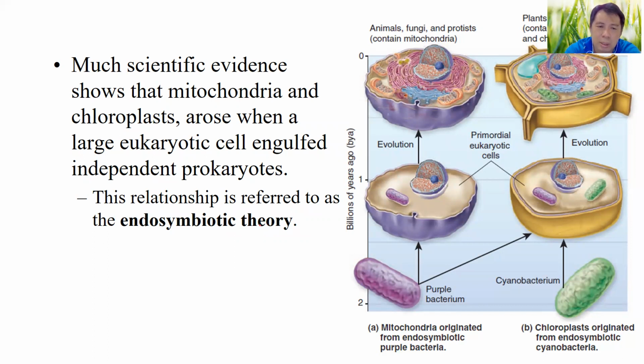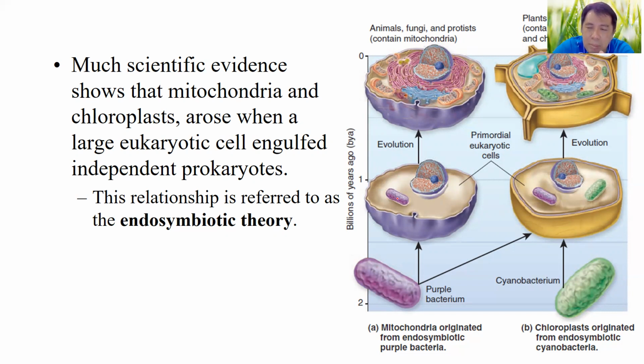So what is the endosymbiotic theory? In the diagram here, you can see that once upon a time, the mitochondrion, which we call an aerobic bacterium, was engulfed by the eukaryotic cells. These eukaryotic cells then underwent evolution until now, when they contain a large number of membrane-bound organelles. Why do we have this endosymbiotic theory?